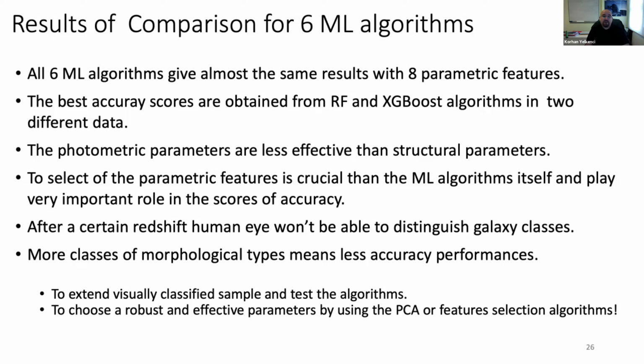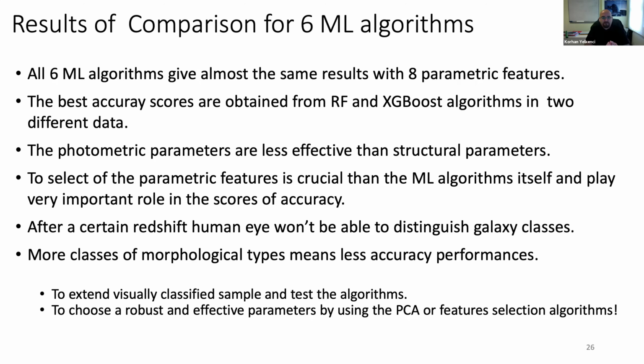If your data is different, or your features are different, maybe you will have another result. Selecting parametric features is crucial for the ML algorithms, and it plays a very important role in increasing the accuracy.